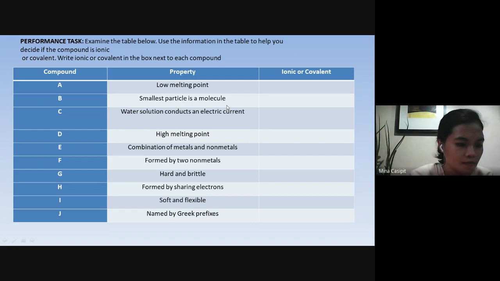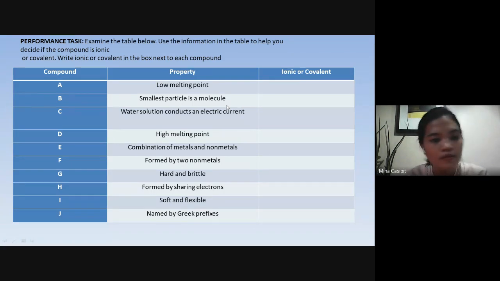Okay. So, marami nang tapos. Let's wait for the others. Anyway, oras is 10:02. You have remaining 3 minutes to answer this performance task.